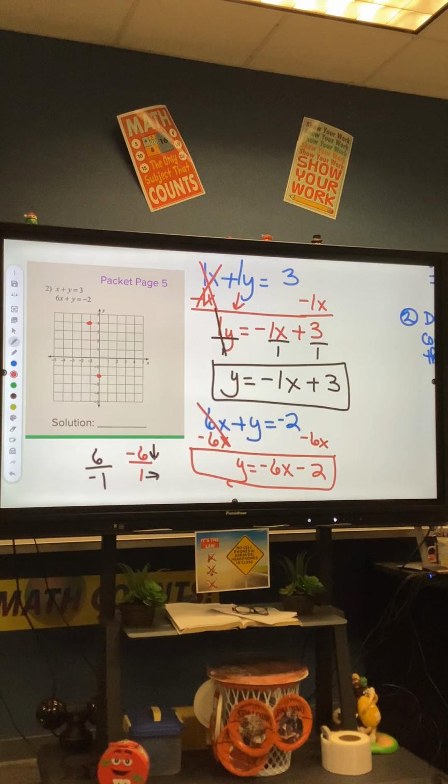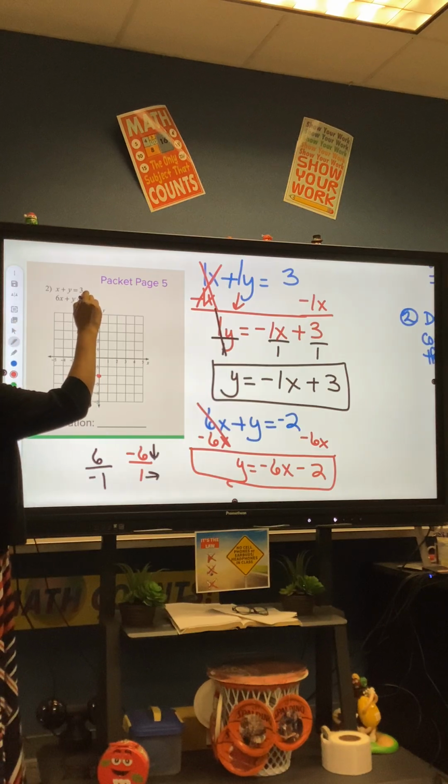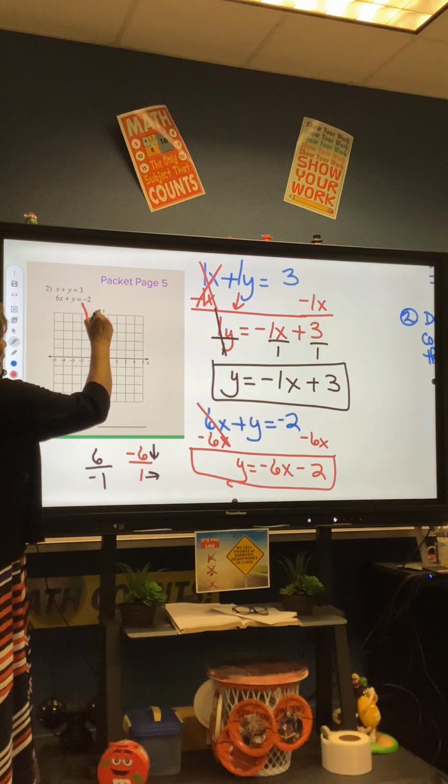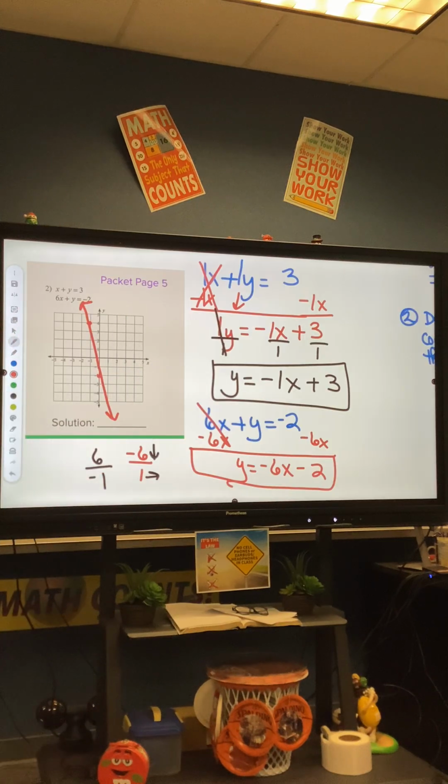Okay, that line should be awfully steep. So take that ruler that's on your desk and draw me a straight line. You only need 2 points to make a line.